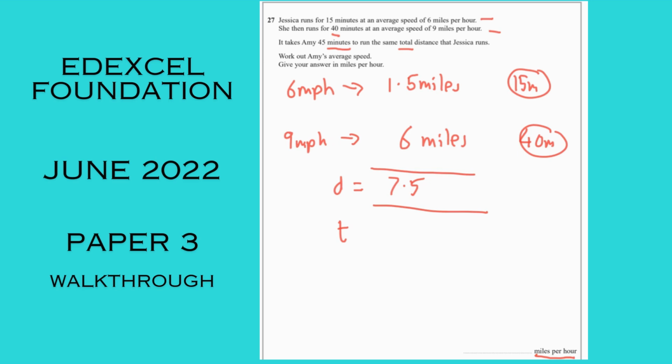Don't want to be typing 45 into your calculator. The answer's in hours. Work in hours. So time, either write it as a fraction or a decimal, 0.75 or 3/4. And to get your speed for Amy, speed equals distance divided by time. Nice answer of 10.